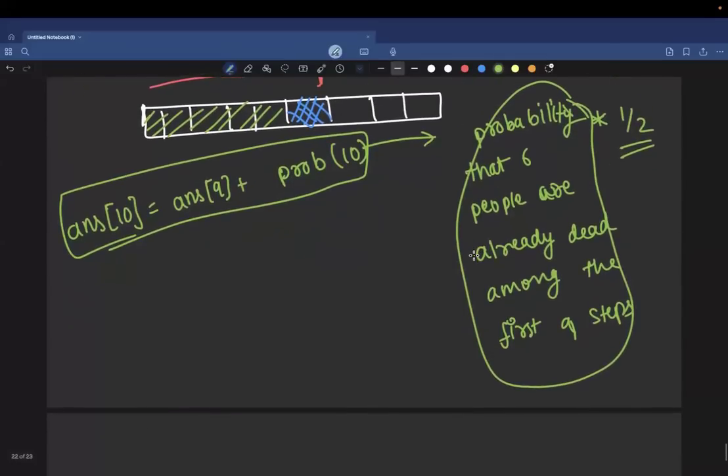Now what is the probability that 6 people died among the first 9 steps?